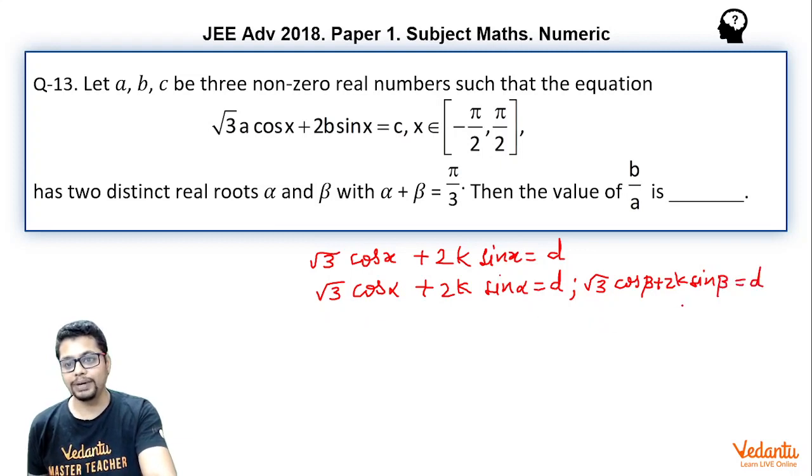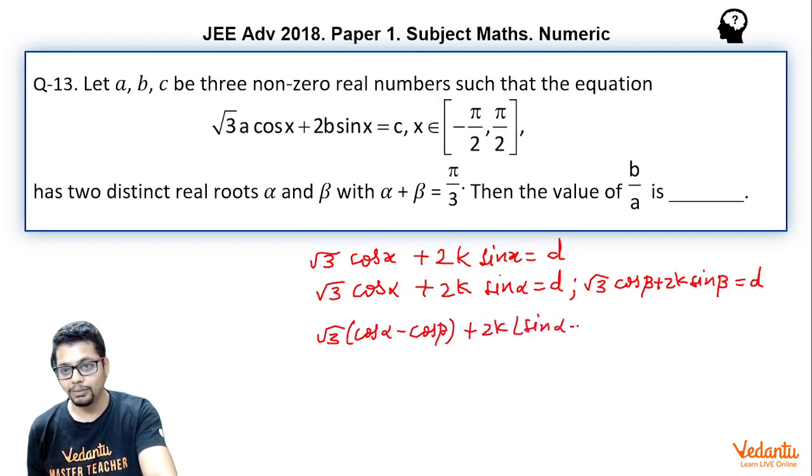Now as I subtract to remove d, because ultimately I am interested in k, I get root 3 times (cos alpha minus cos beta) plus 2k times (sin alpha minus sin beta), and d minus d becomes 0.